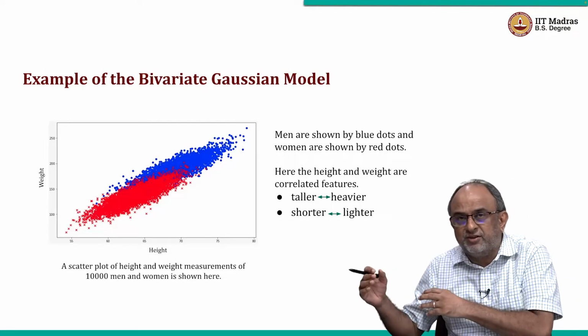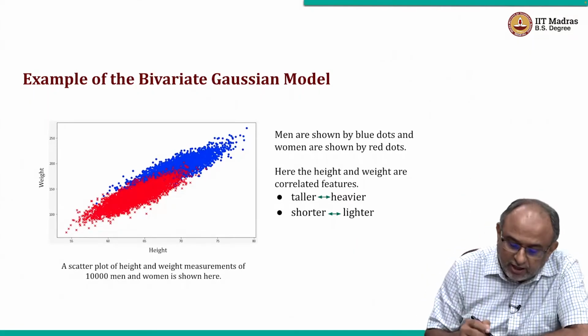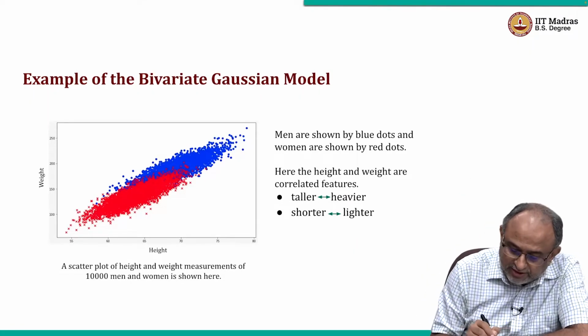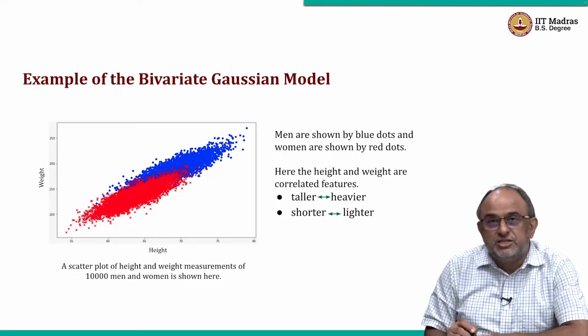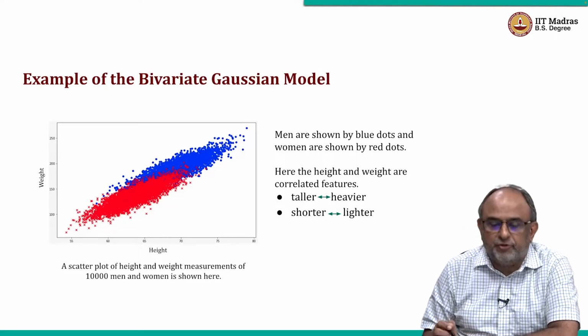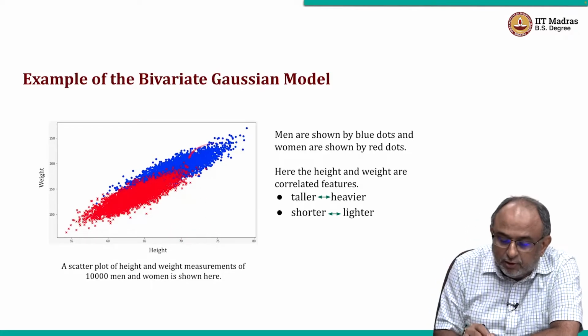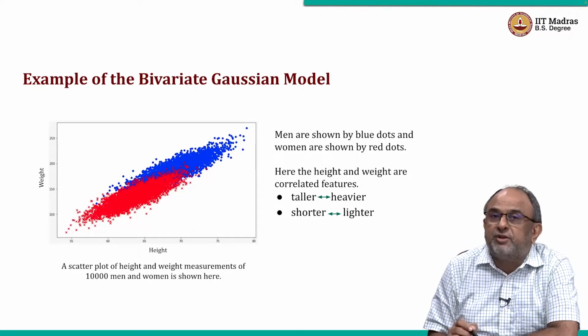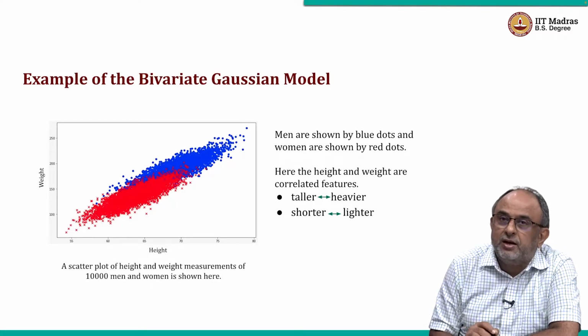So, when the height increases, you expect the weight also to be slightly higher, okay, and that is what is showing here. So, if you look at red, those are all women, and if you look at blue, they are men, right. Generally, men are taller than women, that is why it is to the right, right. So, you can see in the x axis, the blue is coming to the right of the red, right. So, men are generally taller than women.